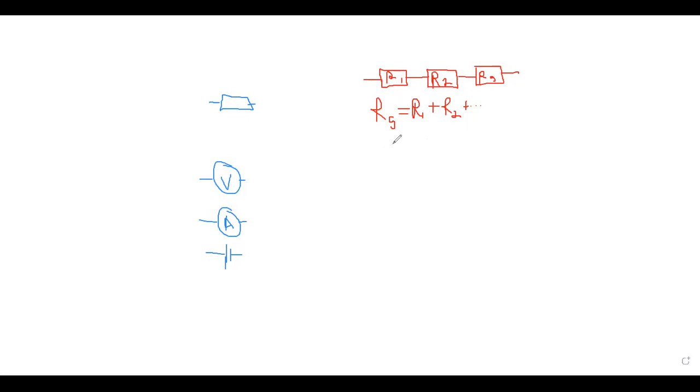So obviously resistors in parallel, it's usually gonna be something along these lines. Forgive me for my bad sketches, but it is what it is.